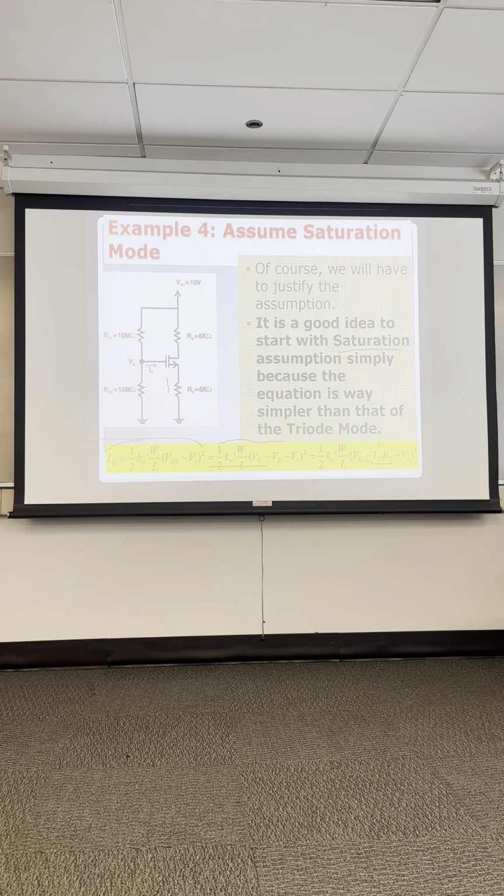So it's a single unknown. We also have a square term in here, which brings up the likelihood of a quadratic equation resulting. But at least we change this equation from gate to source into something that just has the drain current on it.